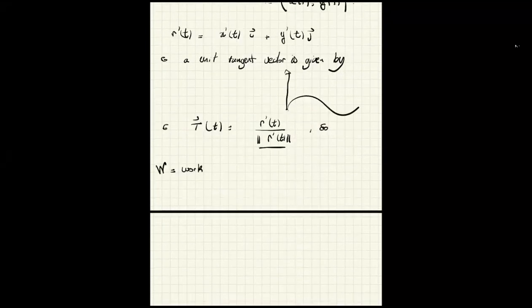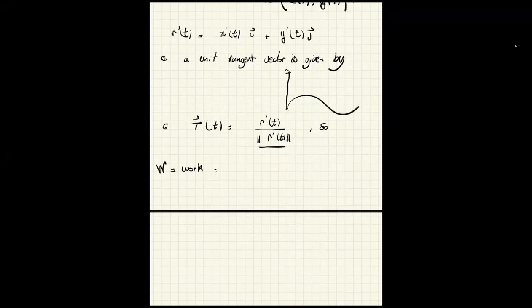Done by the force. So the work is given by this line integral, okay? Now, here's the thing. I take the vector field, because you need to understand the meaning of this line integral.